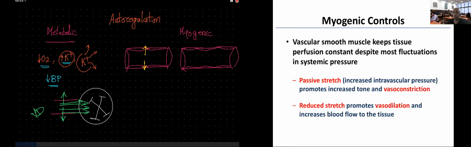If I have more stretch, this means more blood is coming in, right? Causing more stretch of the vessels. So this means I would like to do what? Constriction or dilation of the vessel to reduce the amount of blood reaching this specific organ. What do you think? Would you like to constrict or to dilate?